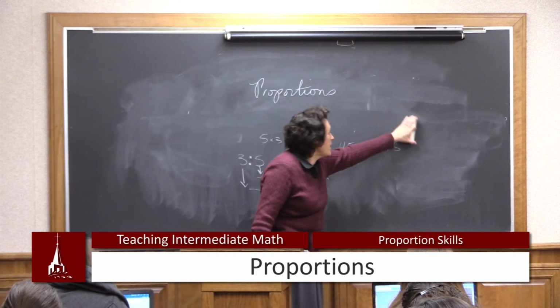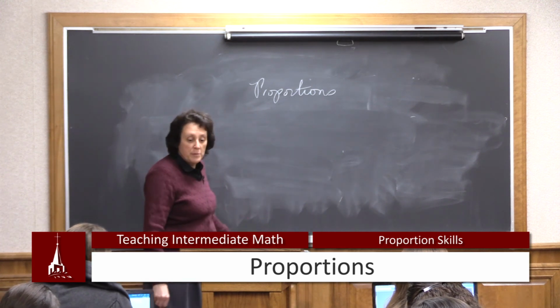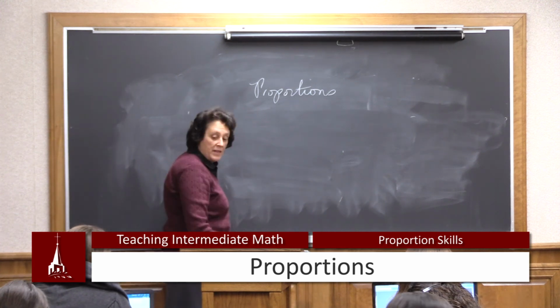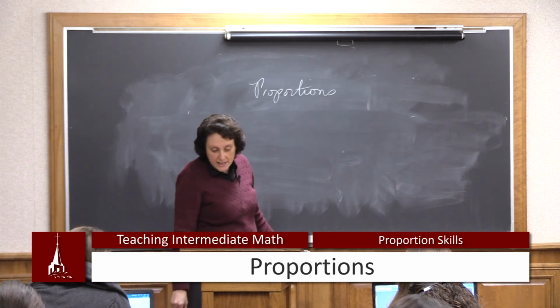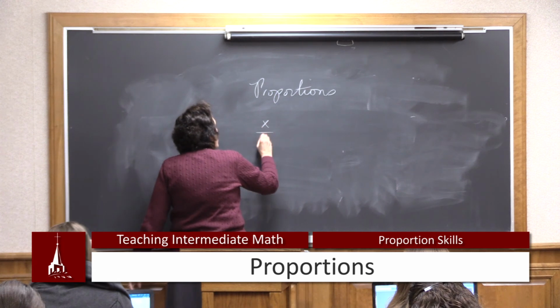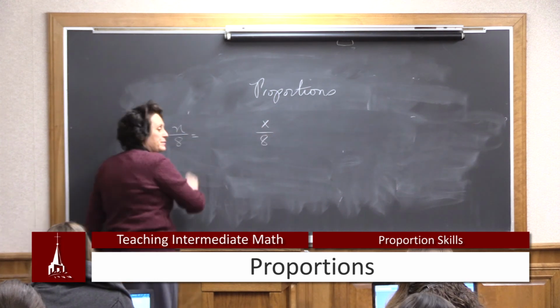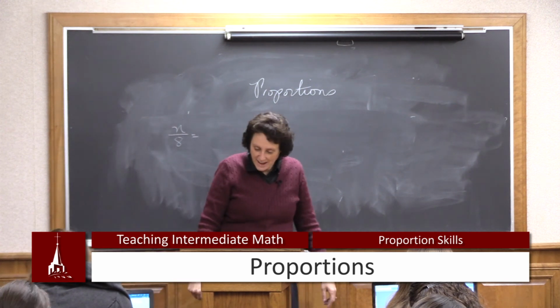So when we are solving a proportion, one of the numbers will be missing. It doesn't matter which one. And to solve it, we can find the missing number. Many textbooks use n. I'm so used to algebra, I always default to x.